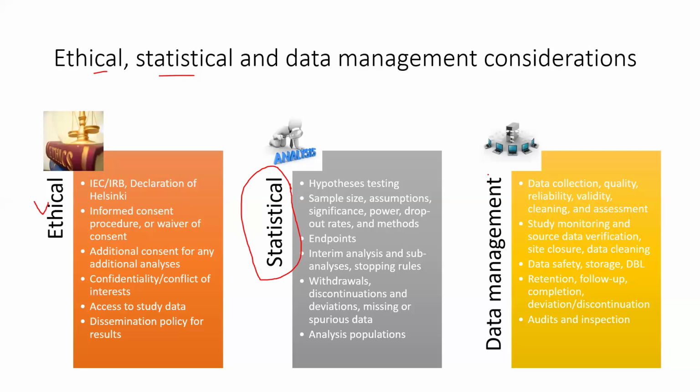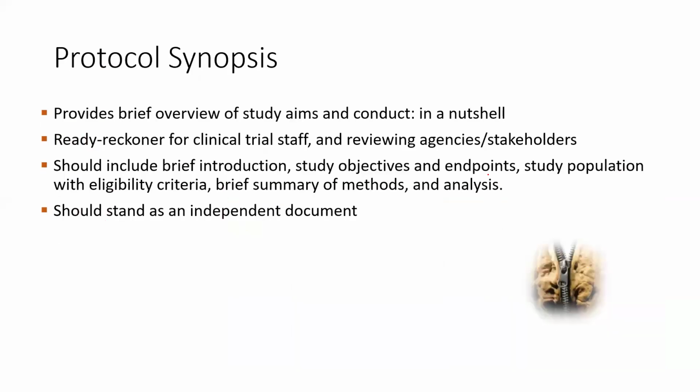I know people are losing interest, it is a little technical, but very interesting. So the protocol synopsis is also built. This provides a brief overview of the study aim, so that in a nutshell you can understand. This document works as a short document for trial staff and even reviewer and approver agencies.